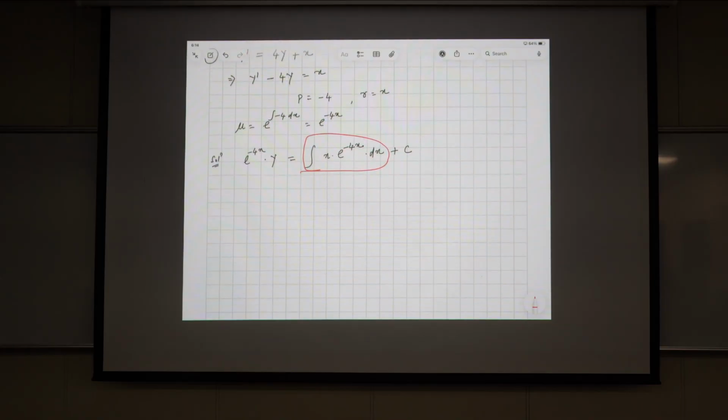Okay, let me give you the hint. Integration of f g' is equal to f g minus integration of f' g. Remember this one? Yeah, you just need to apply that one.